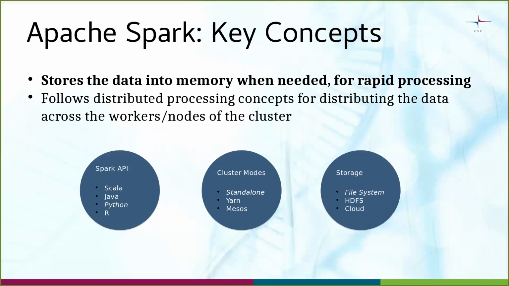So the main key concept of Spark is that it tries to keep the data in memory if needed, and that allows us to process the data very quickly. And then, of course, it follows distributed processing concepts for distributing the data across the workers or nodes of a cluster. Again, we are going to see what a cluster is, what distributed processing means, and what these workers are.